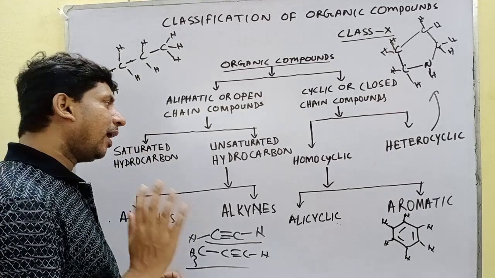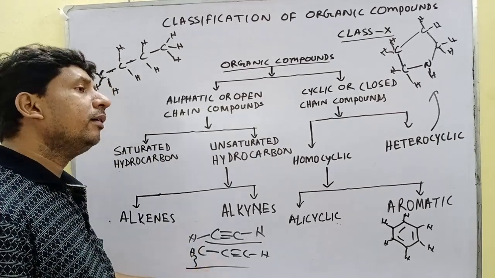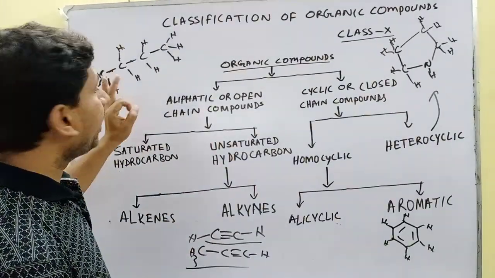These alkynes and alkenes are all unsaturated because they can be saturated by hydrogenation.